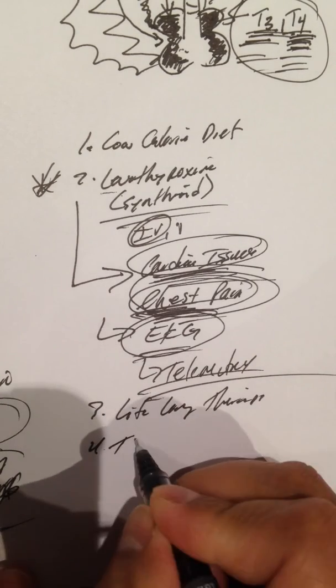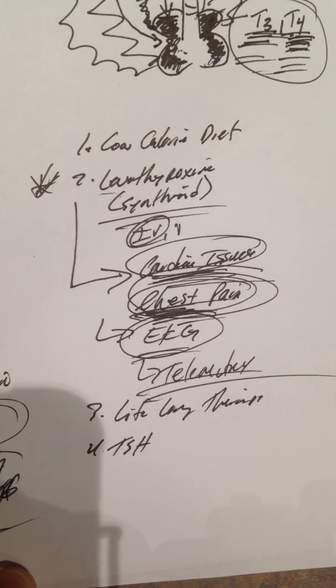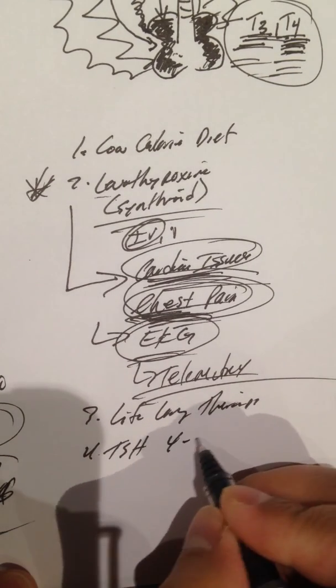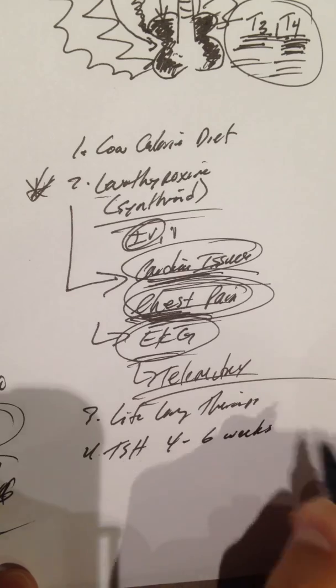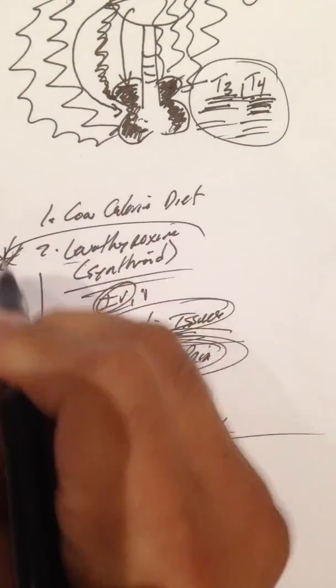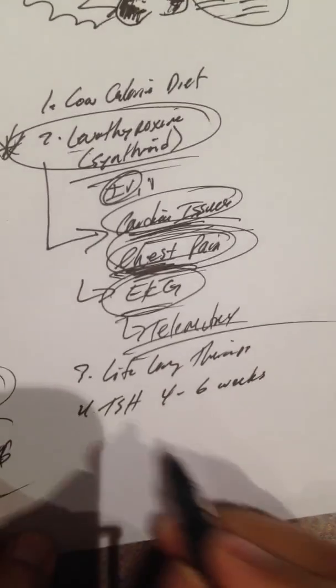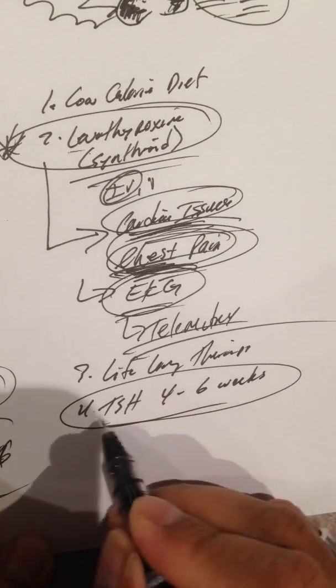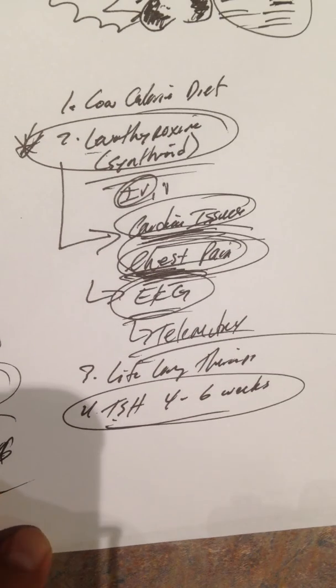Now you also want to make sure that you assess their TSH levels on a regular basis, typically about every 4 to 6 weeks. Yes, it's very important that you give them their medication, but you also want to make sure that the medication is having the desired effect, so you do want to monitor those levels.